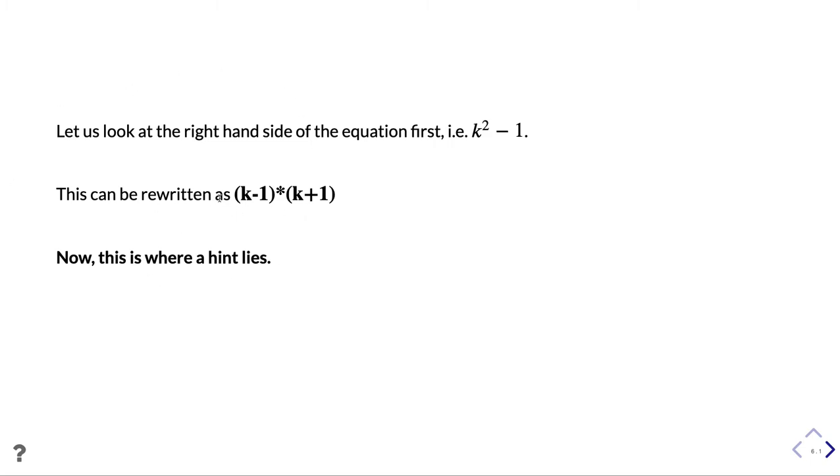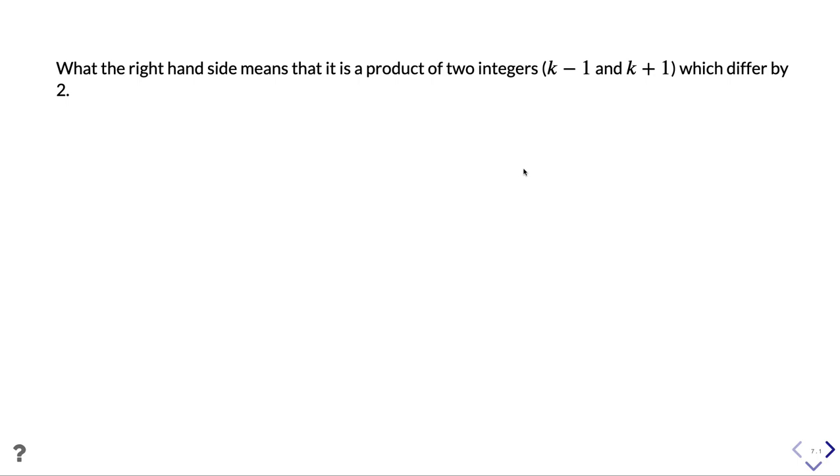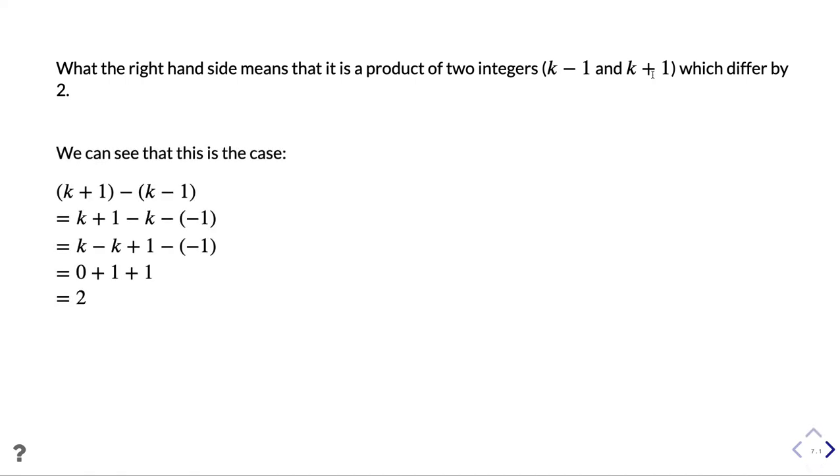If we rewrite k square minus 1 as k minus 1 into k plus 1, we start seeing how that product can be formed. The right hand side is a product of two numbers which differ by 2. Those numbers are k minus 1 and k plus 1, and if we find the difference, they differ by 2.